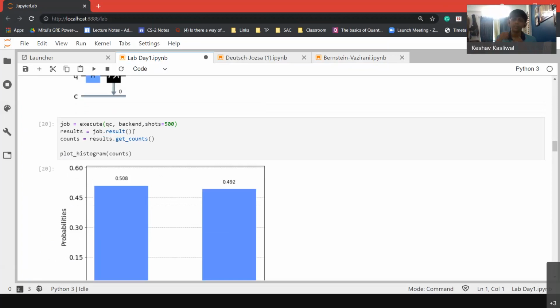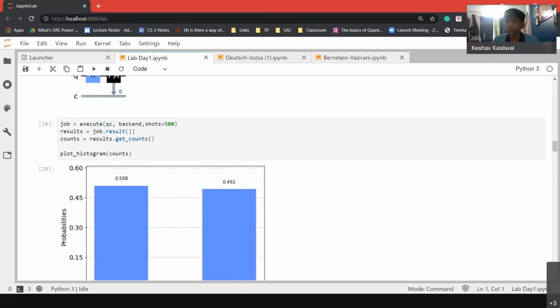When we execute and measure, we see that the number of zeros is approximately the same as the number of ones. That is why shots are important. It gives a particular interpretation to the data that we have, and that also affects what you will see in the plot.